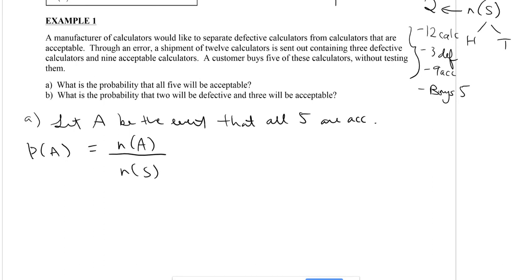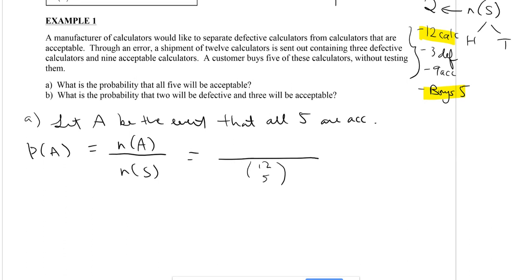Okay, so let's look at the easier part of the two, and that is the all possibilities part. Okay, so we got 12 calculators, and we have 5 that we're going to buy. So without discrimination of what is acceptable or not, I know that from 12 calculators, I am picking 5. So that is always going to be my total outcome.